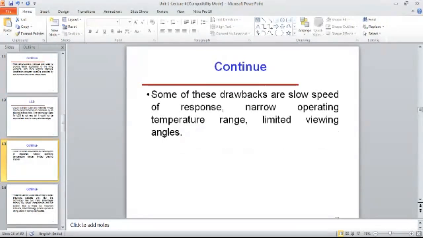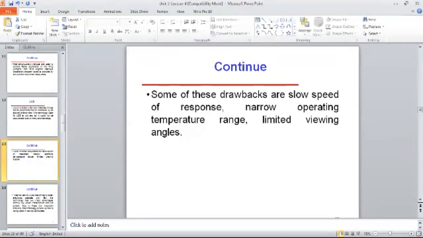In the case of LCD monitors, we face some problems in viewing the picture or various images. We cannot see the image in the right position if we are watching a movie sitting at one corner.